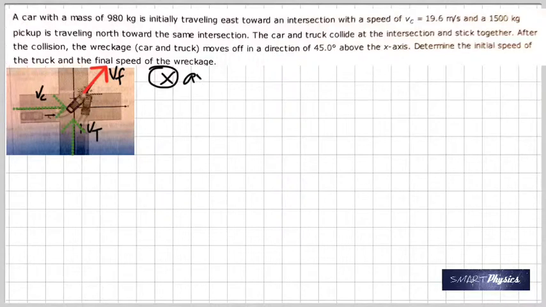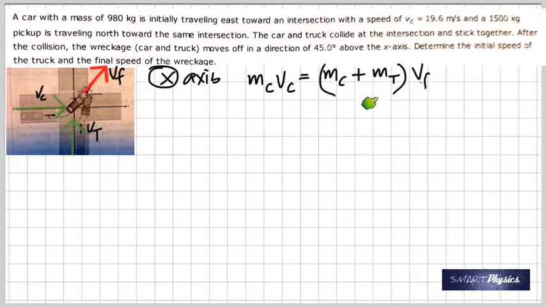So along the x-axis we have the initial momentum. Only the car is moving along the x-axis, so it's mc times vc, and then both of them are sticking together, so both the masses are added up, times the final velocity and cos theta, because that's what is going to give you along the x-axis.